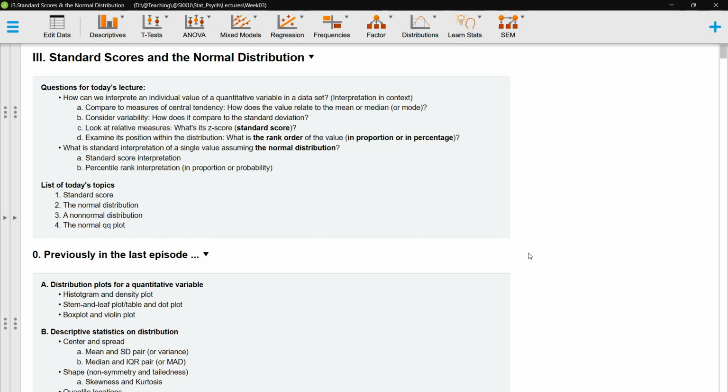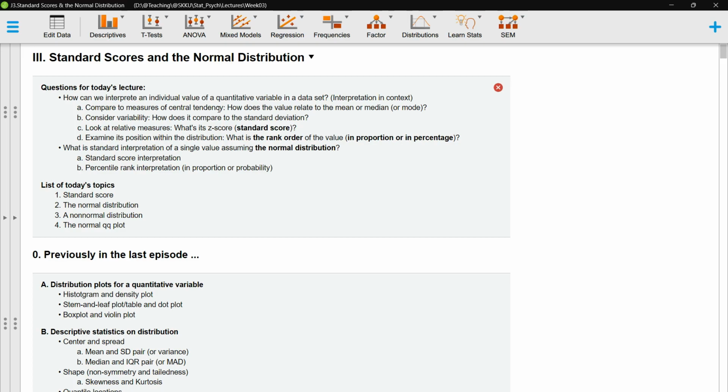The first question is, how can we interpret an individual value of a quantitative variable in a data set? The quantitative variable, you remember, is the scale variable with numeric values. So we can compare an individual value to measures of central tendency of the whole data set.